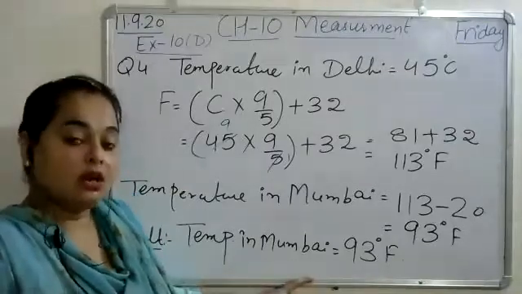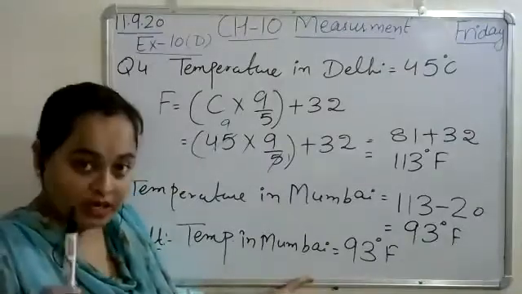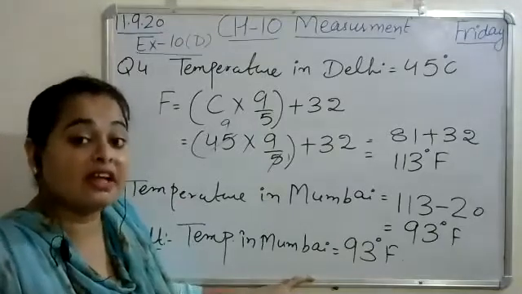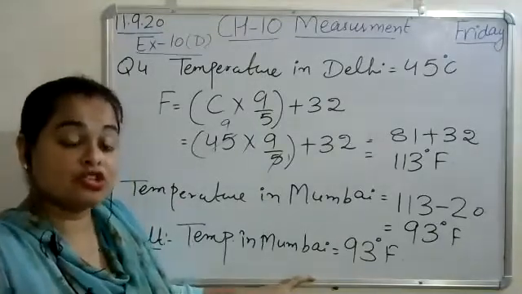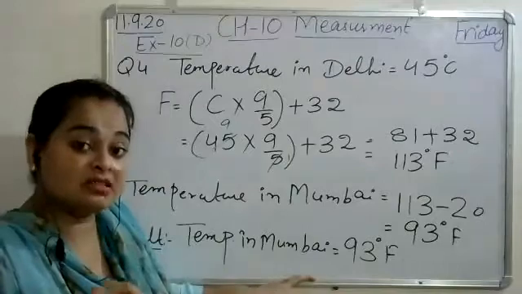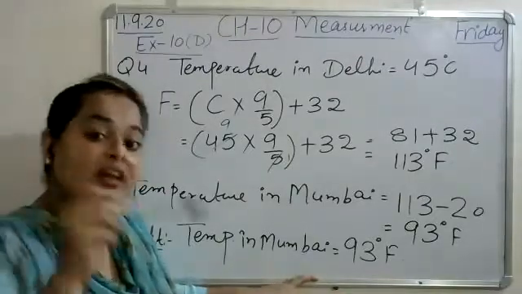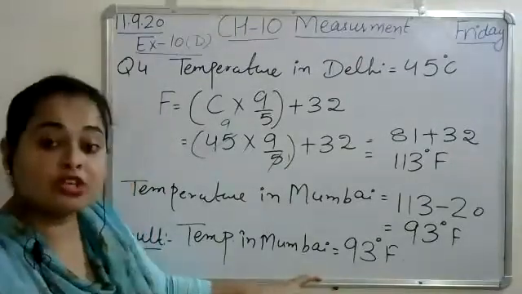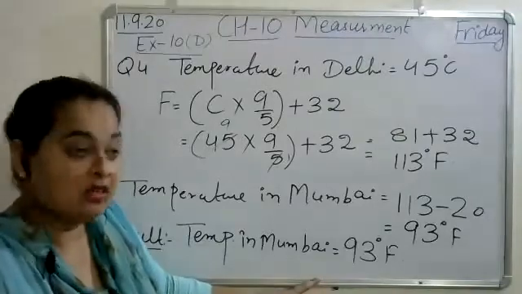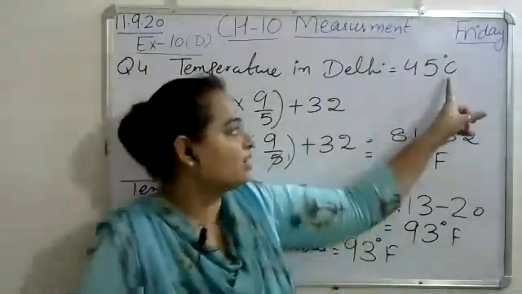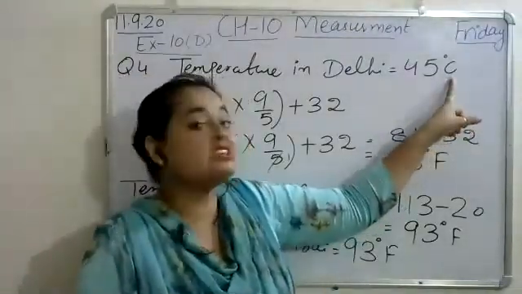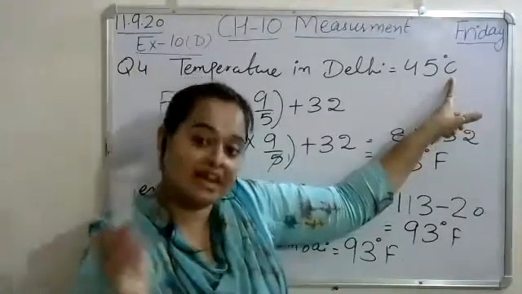First of all, read your statement very carefully. Check whether the question is based on Celsius or on Fahrenheit. This question is based on Fahrenheit. That's why we are converting this Celsius to Fahrenheit.